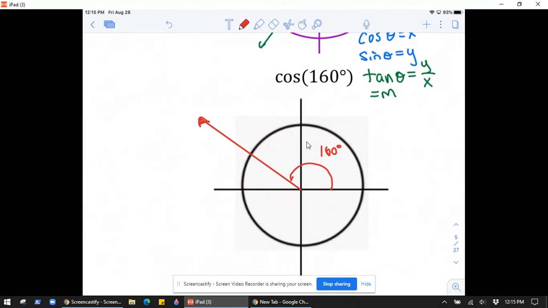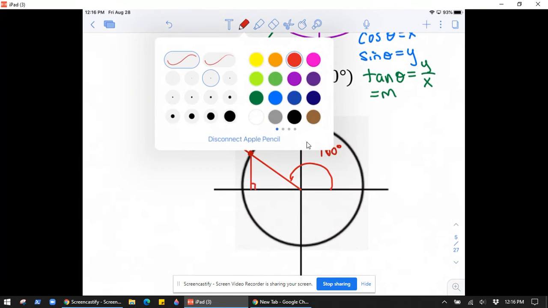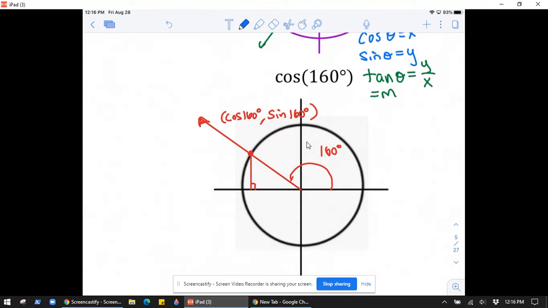This point right here can be thought of as the cosine of 160 degrees is its x-coordinate, and its y-coordinate is the sine of 160 degrees. Okay, so what does that tell me? Well, it tells me that this length, again, we're going to use this reference angle here to make a new triangle. That must be 20 degrees, right?